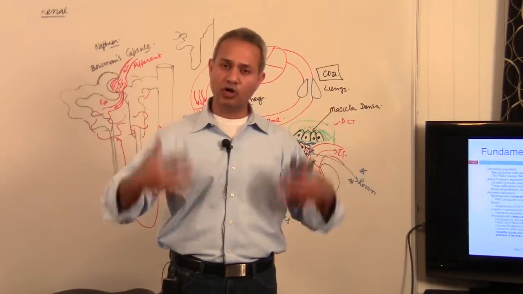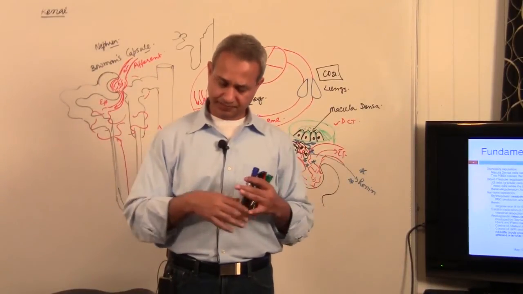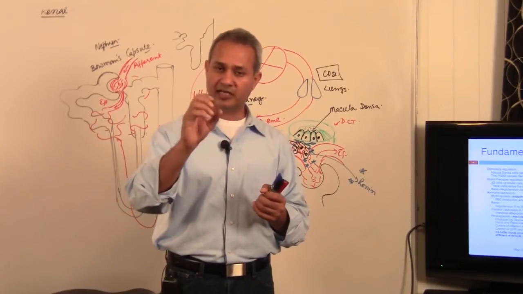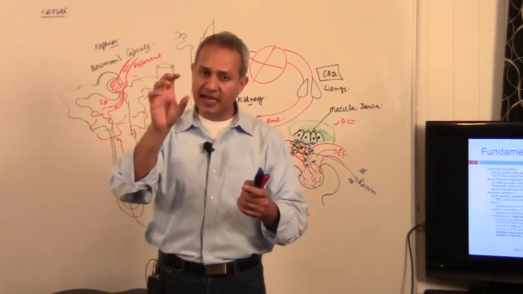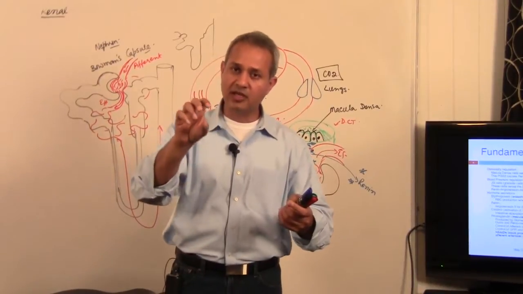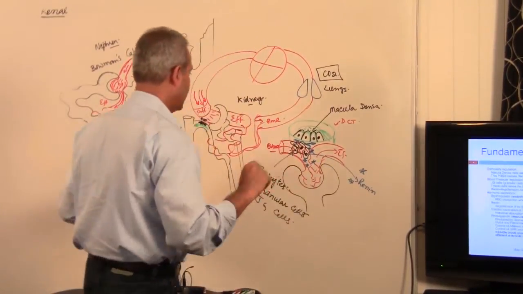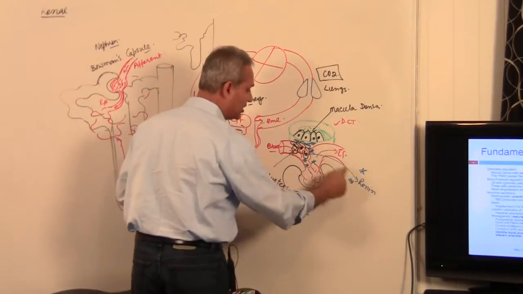Now we know that all of the endothelial cells in the body are responsible. They have ACE, or angiotensin converting enzyme. That enzyme acts on angiotensin 1 and converts it to angiotensin 2. Cool?